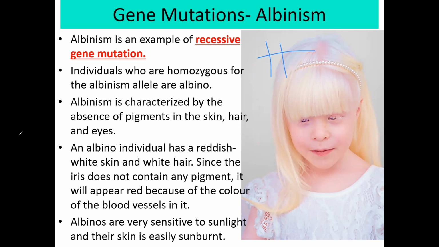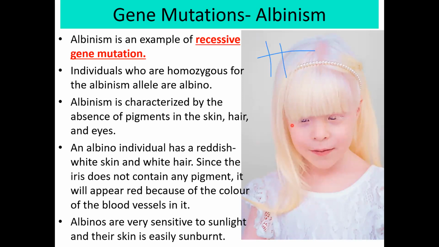Okay, next is that individuals who are homozygous for the albinism allele are known as albinos, and that is characterized by the absence of the melanin pigment in the skin, in the hair, and the iris is not having any color.